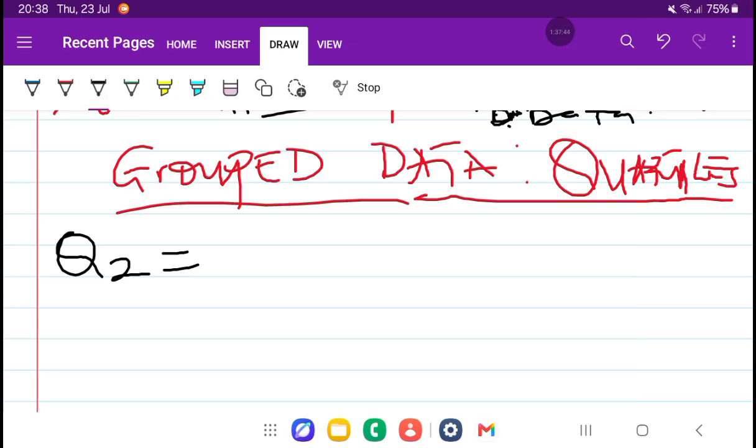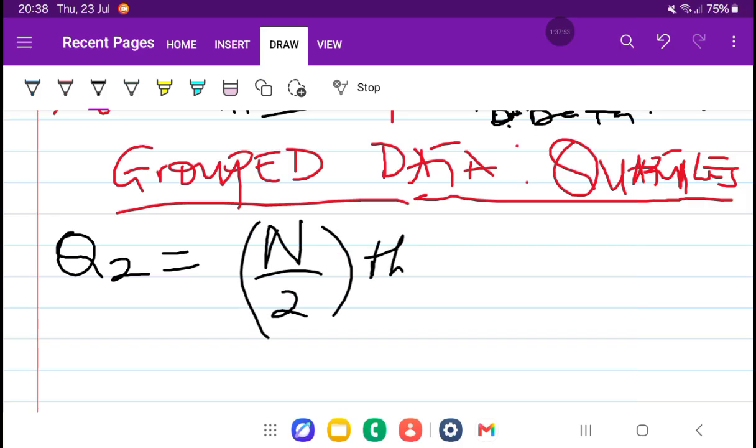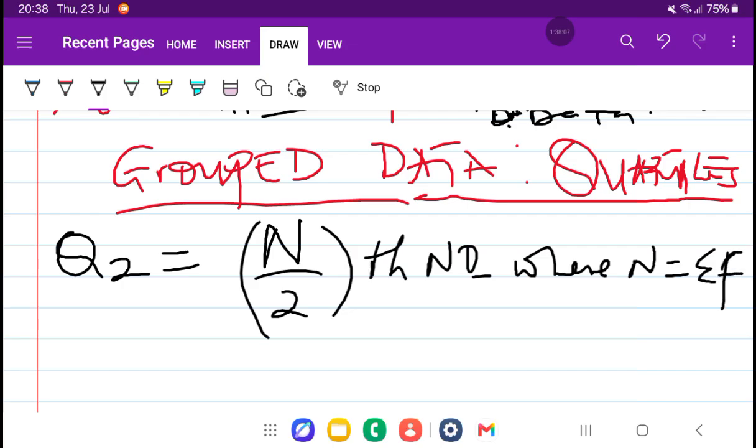grouped. We always get our quartile as n. Now we are using n over 2, where n is equal to summation f, that is the total frequency.